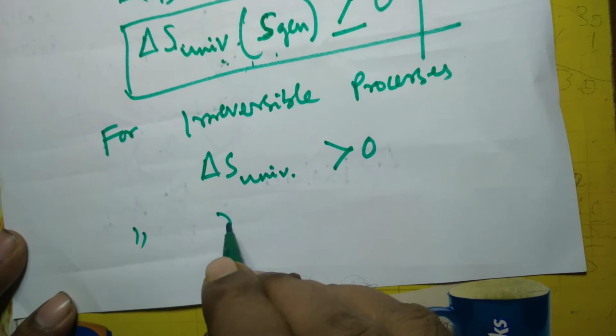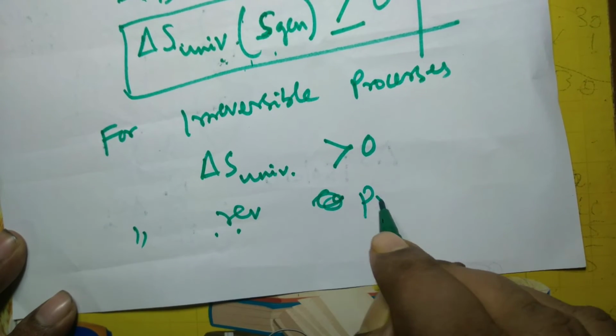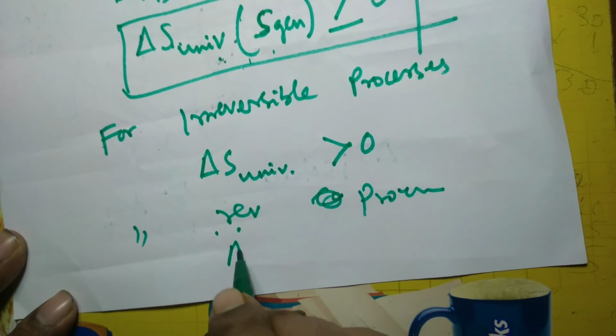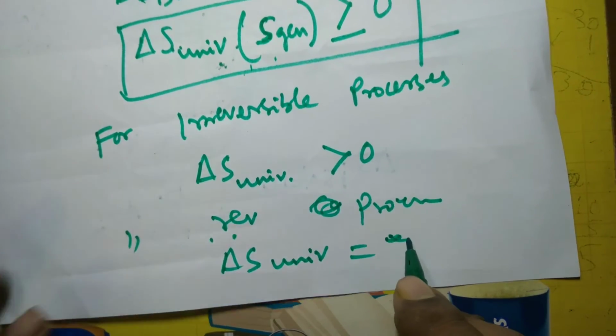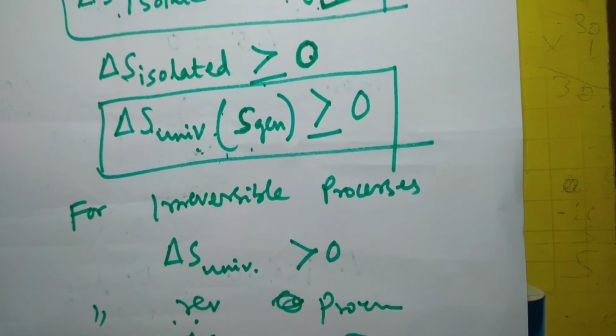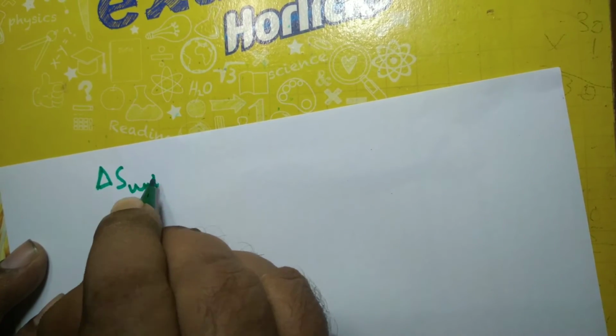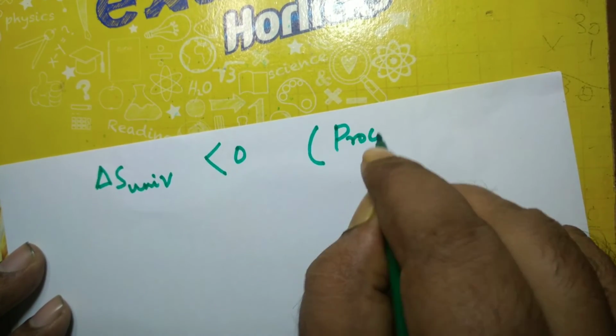For a reversible process, which is a limiting case of course, delta S universe is equal to 0. And delta S universe less than 0 means the process is impossible.